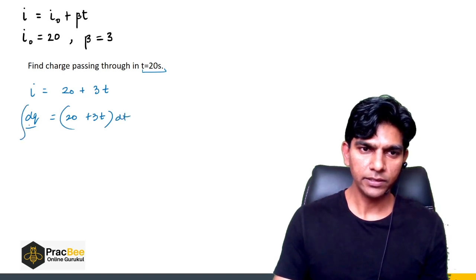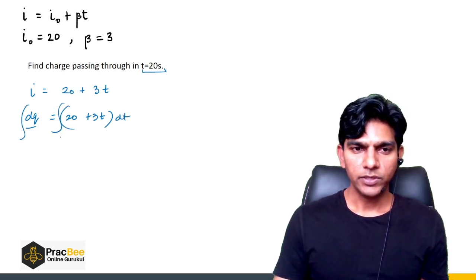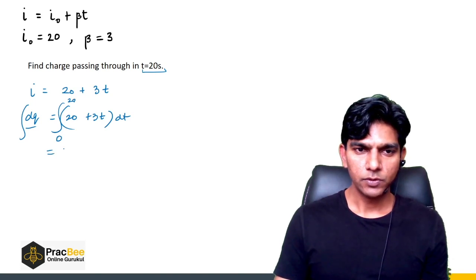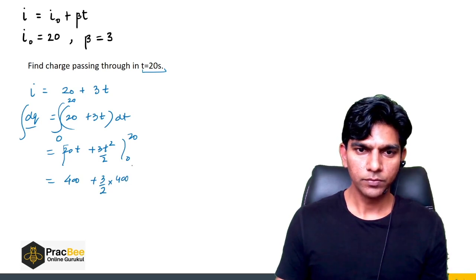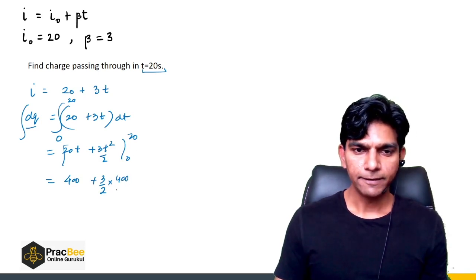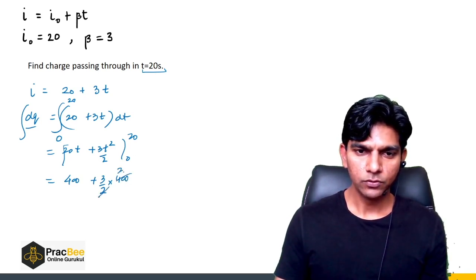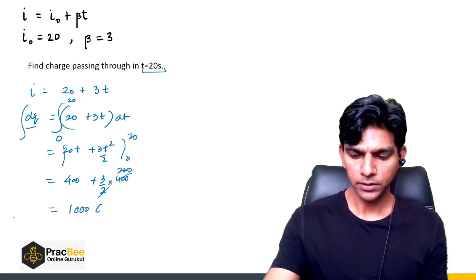Now we can integrate this. Now the limit is from 0 to 20 seconds. So this will be 20t plus 3t square by 2, and let us put the limit from 0 to 20. So this will be 400 plus 3 by 2 times 400, right? So this comes out to be 400 plus 600, so it will be 1000 coulomb. So that is the answer.